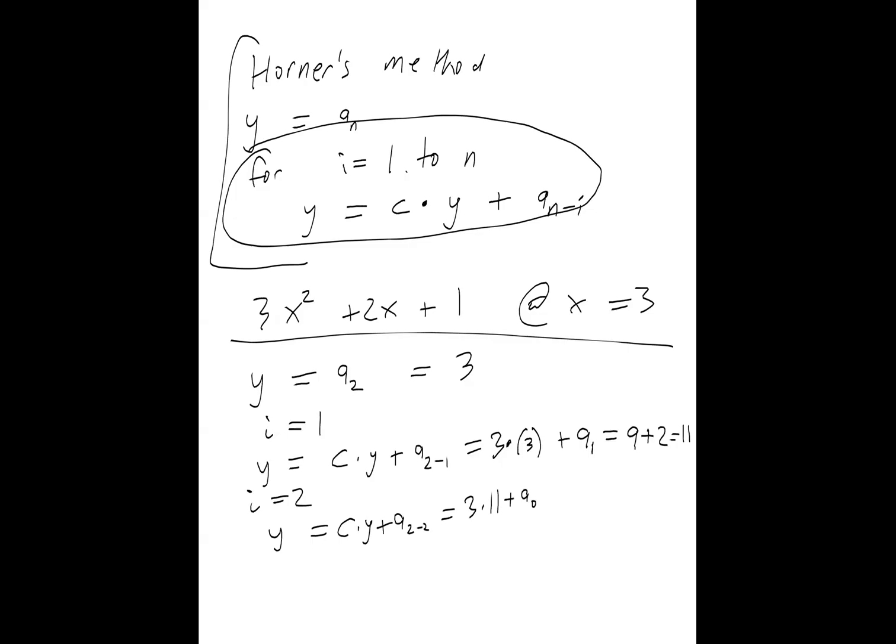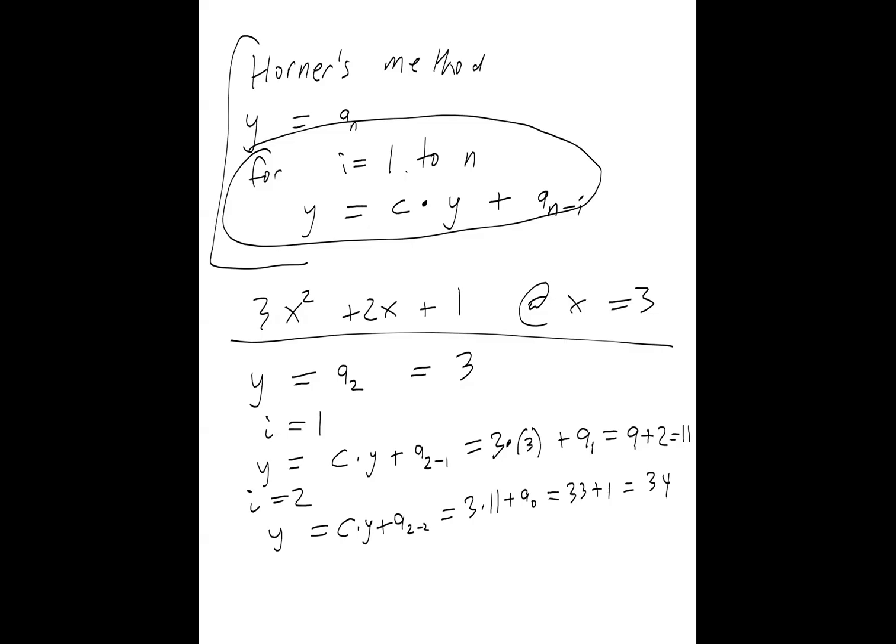And who knows what a0 represents? Correct. a0 is the coefficient of the term that has 0 x's beside it. So 3 times 11 is 33, plus 1, which is a0. What's 33 plus 1? 34.